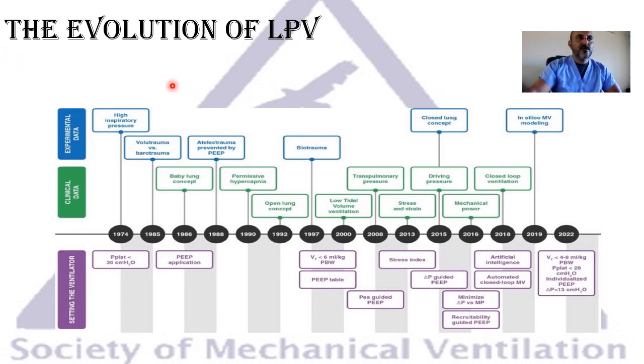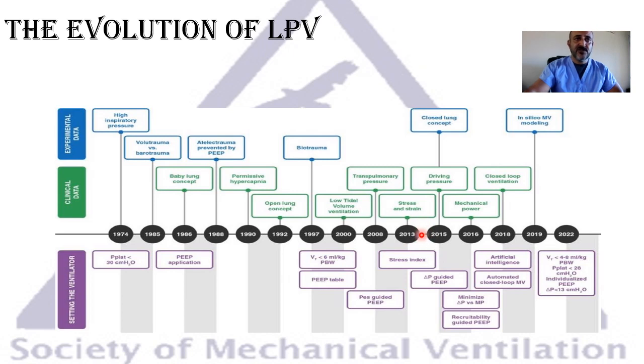Quickly, we'll talk about the evolution of lung protective ventilation through the years. And this line, I like this slide, it goes from 1974 till nowadays. We don't have to go through it all, but it shows when we started to understand volutrauma, barotrauma, PEEP, the baby lung concept, the open lung approach back in the early 90s. Then came the low tidal volume ventilation. As you can see, 8 years later, transpulmonary pressure.